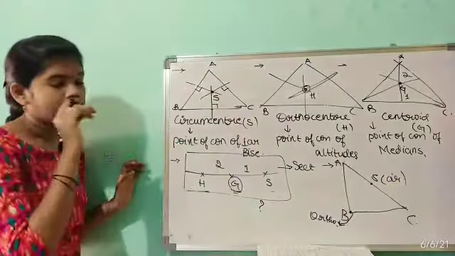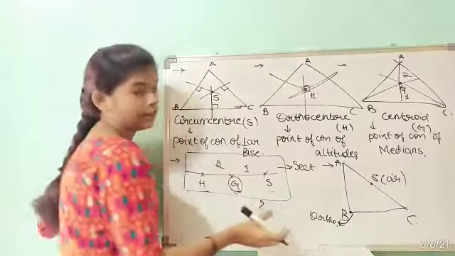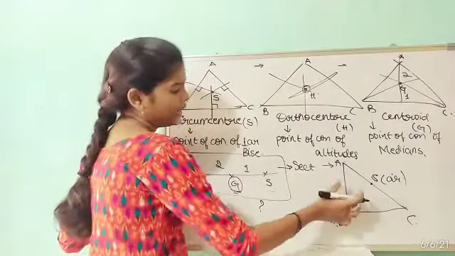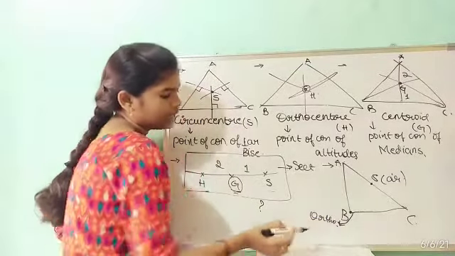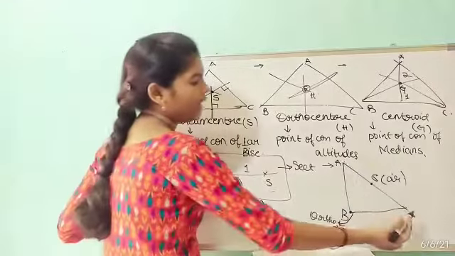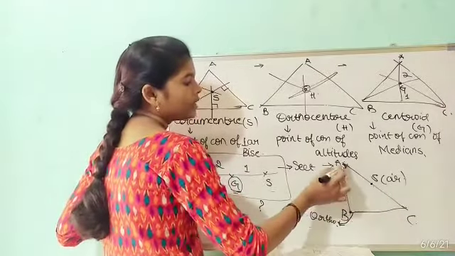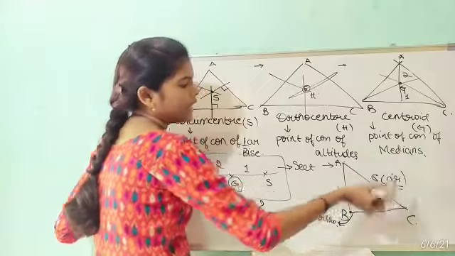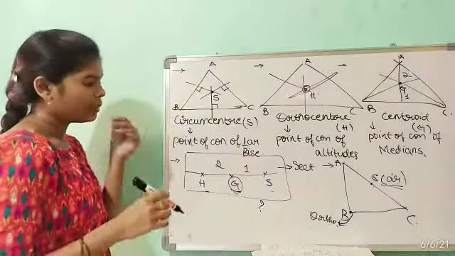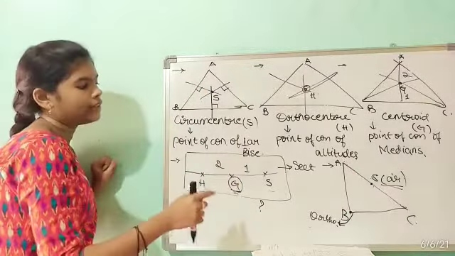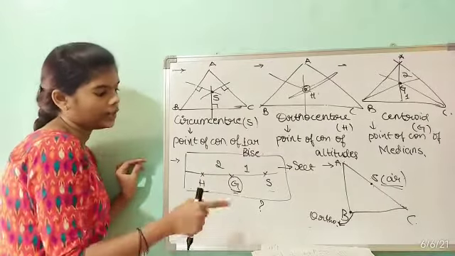This is another standard form that we have to remember: in the right angle triangle, if B is the orthocenter, then the midpoint of AC, the opposite side, will be considered as the circumcenter. So if you remember these, and any one out of three is unknown, you can use this.